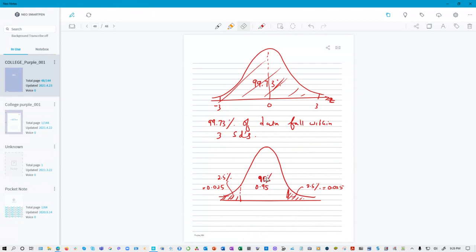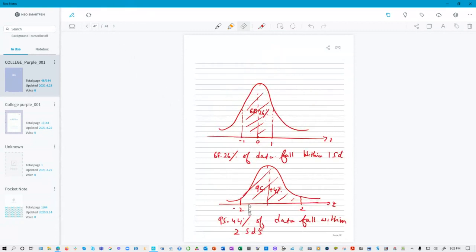When you take this 95%, you have 2.5% and 2.5%, which means altogether 5% is taken out from the tails. That means 95% goes to the middle. So this is -2 roughly. Can you remember -2 to 2 will cover 95%.